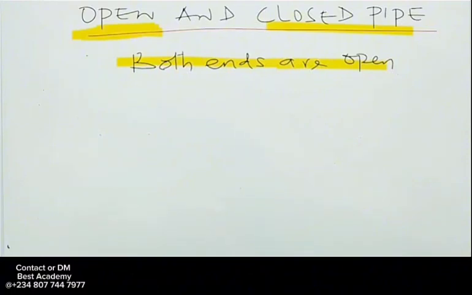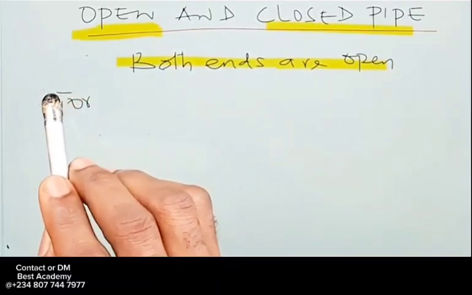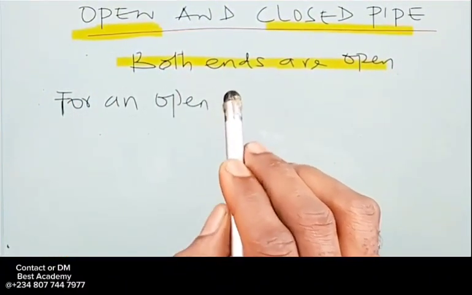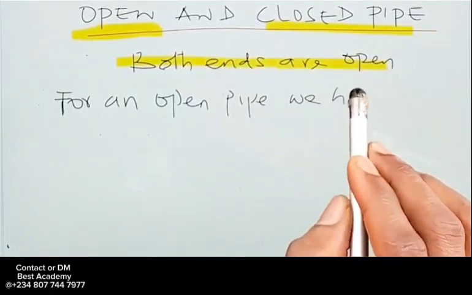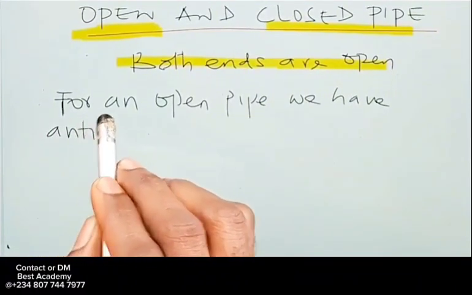In terms of an open pipe, we have a node, which means we have a minimum amplitude. Please take note. Also, in an open pipe, we have an antinode.